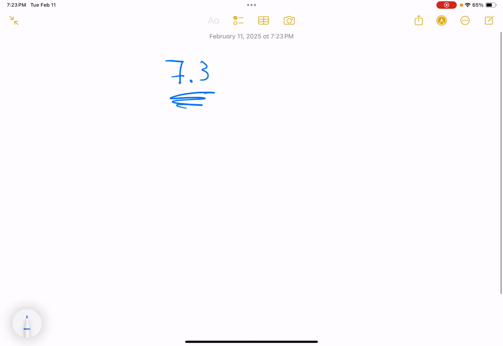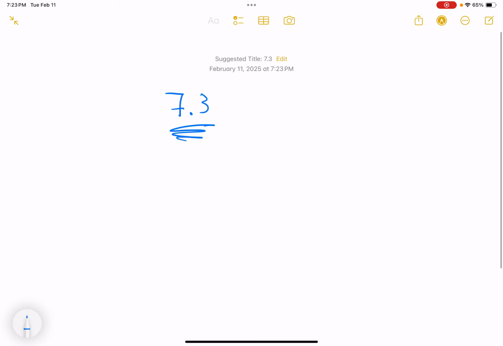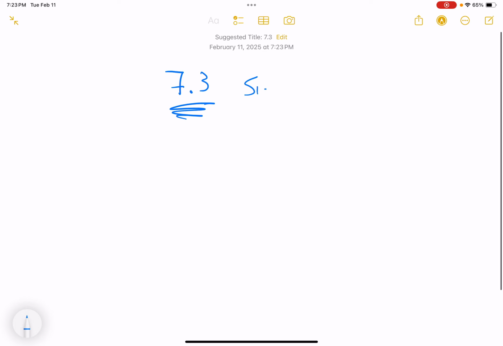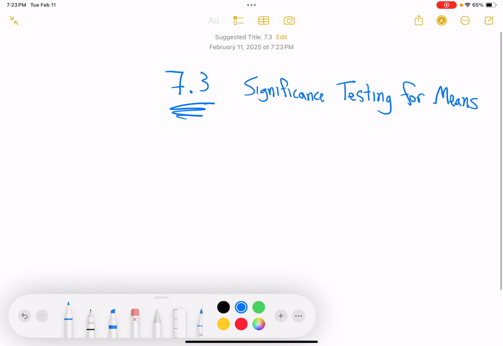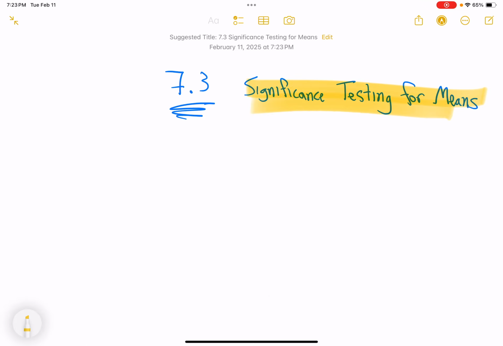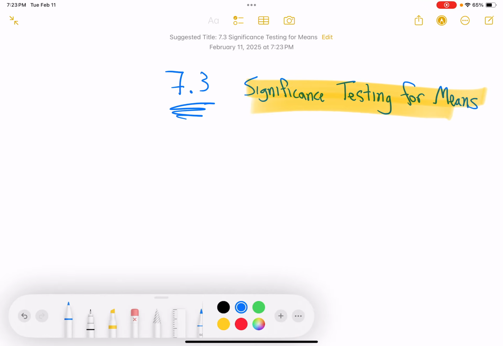And 7.3 is our focus on significance testing for means. Yes, indeed, my heroes.